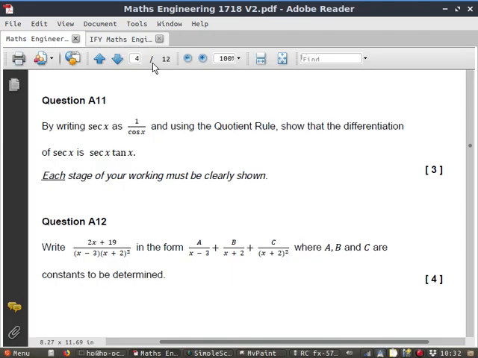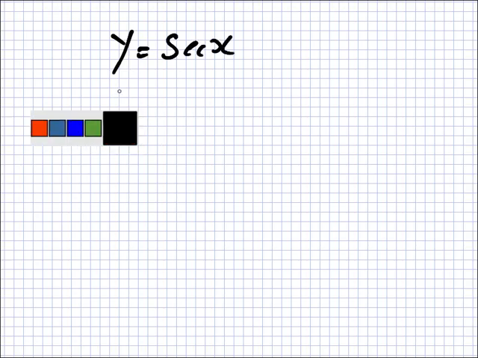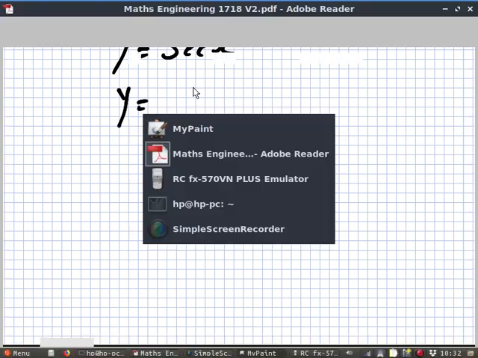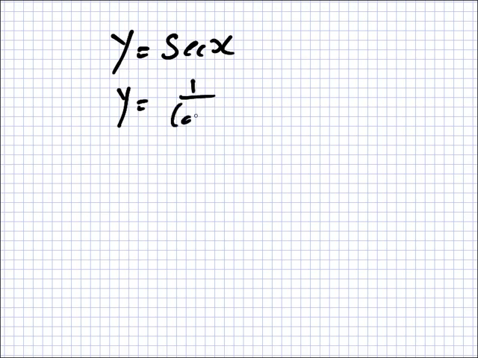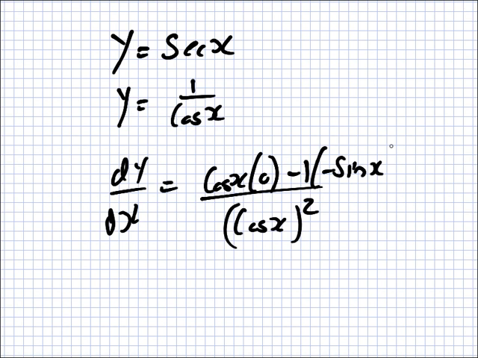y equals sec x, y equals 1 over cos x. So dy/dx equals the bottom squared. The bottom times the derivative of the top minus the top times the derivative of the bottom. The derivative of the top is zero.